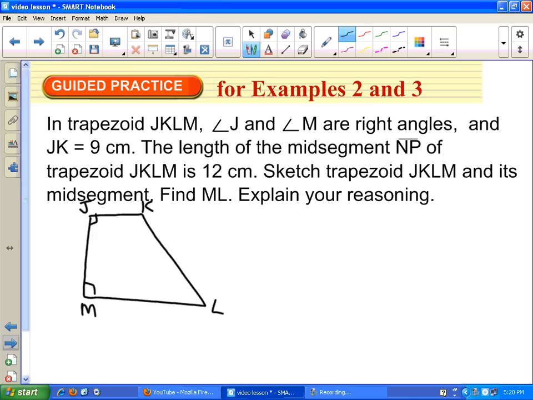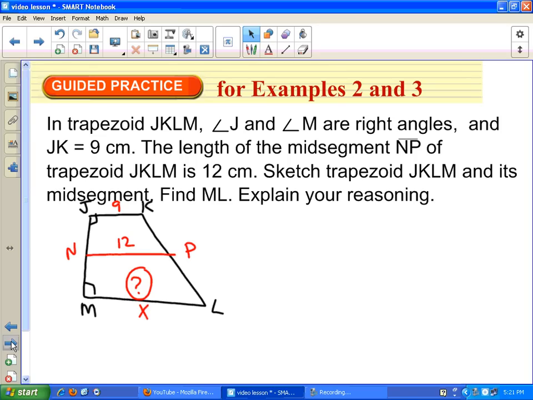The other two angles don't matter. And I know my mid-segment NP, and I know that JK is 9 and NP is 12. ML, we don't know. We need to find ML. So for right now we're just going to call that X.